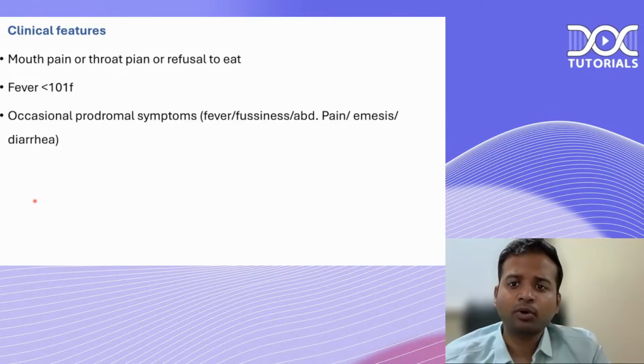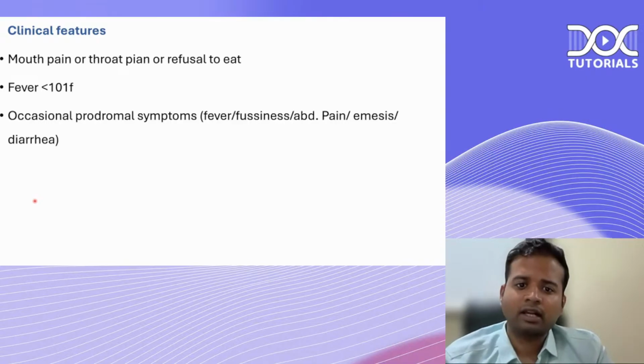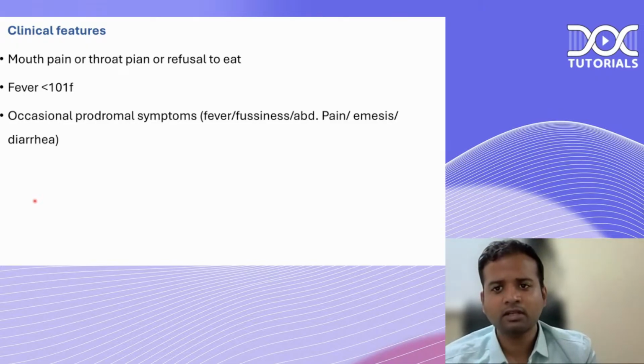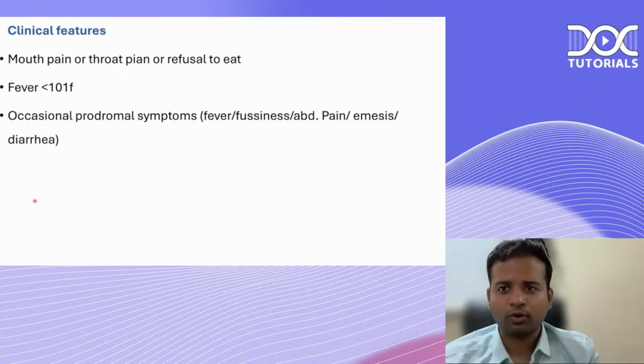Very occasionally prodromal symptoms occur, like along with fever, some fussiness, abdominal pain, vomiting, or diarrhea, but these are less common. The most common presenting symptoms are mouth pain or throat pain, or in an infant, refusal to eat and drink, and fever less than 101 degrees Fahrenheit.